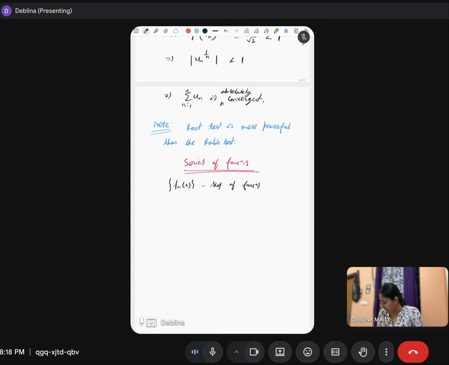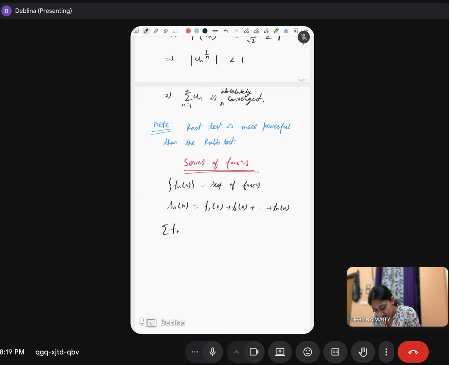Now we are defining, like in the series of numbers, s_n(x) as the nth partial sum, which is f_1(x) plus f_2(x) up to f_n(x), right?